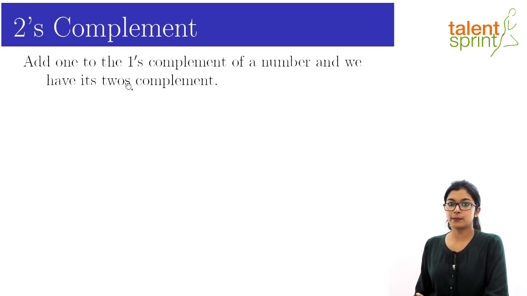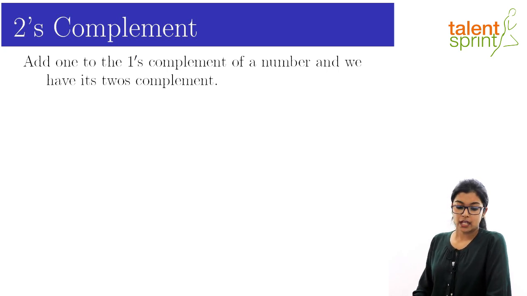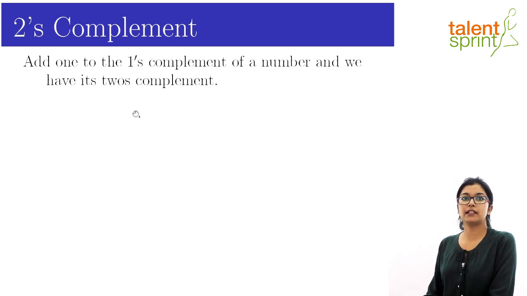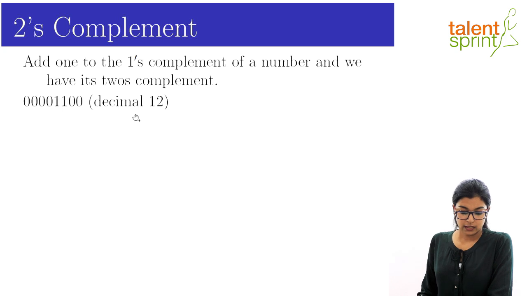Now 2's complement calculation is also fairly simple. Add 1 to the 1's complement of a number and you have its 2's complement. So let me give you an example. Decimal 12 is represented by these 8 bits: 0, 0, 0, 0, 1, 1, 0, 0. Alright.